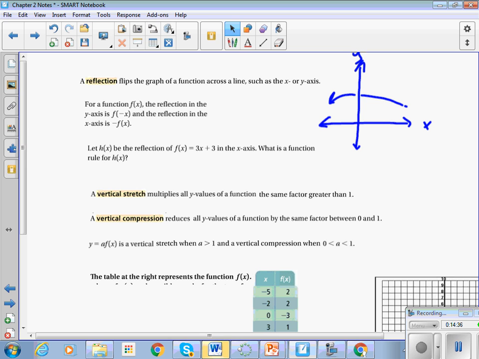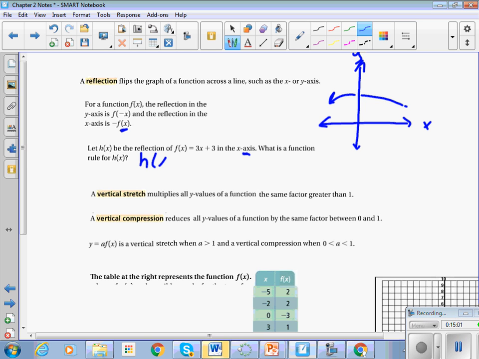So for h of x, let h of x be the reflection of f of x equals 3x plus 3 in the x-axis. What is the function rule for h of x? So an x-axis reflection says I'm going to take my entire function, throw parentheses around it and put a negative on the front.